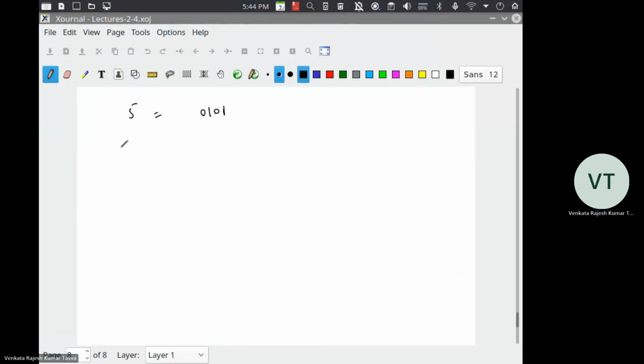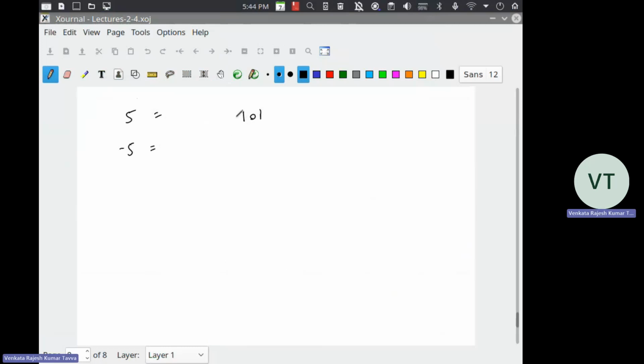Now minus 5 in signed magnitude representation. Let me take a slightly larger example so you will understand, 5 in 8-bit representation.